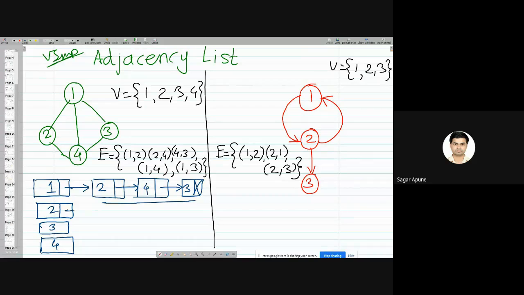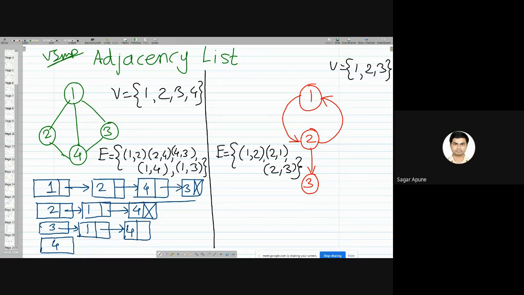Okay, next is from 2, head node is 2. How many edges? The 2 to 4 connection is there, the 2 to 1 connection is there. So here 1 and then next one is 4. Right? 4 is last. Then what about 3? Two vertices are connected, 1 and 4. So here write down 1 and 4.